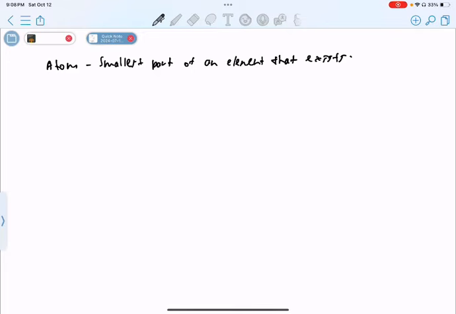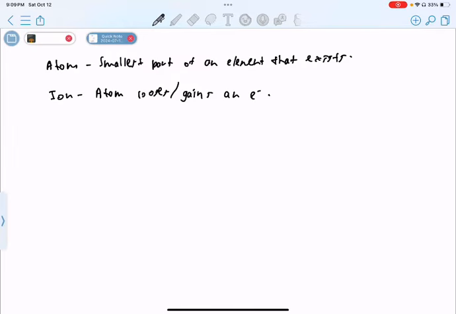What is an ion? An ion is formed when an atom loses or gains an electron, okay? So these two go hand in hand.